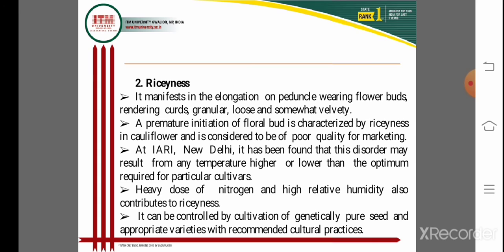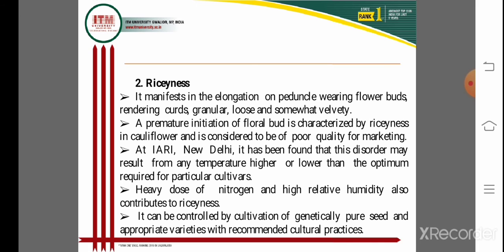At IARI, New Delhi, it has been found that these disorders can result from temperatures higher or lower than the optimum required for the particular cultivation. It's very important to maintain the temperature during the cultivation of cauliflowers. A heavy dose of nitrogen and high relative humidity also contribute to ricyness.